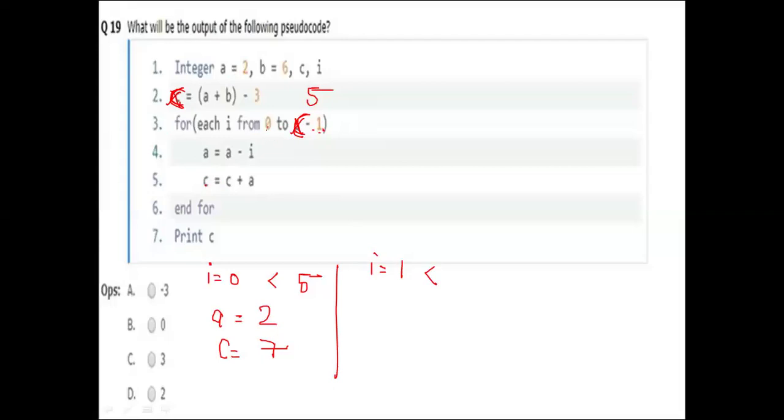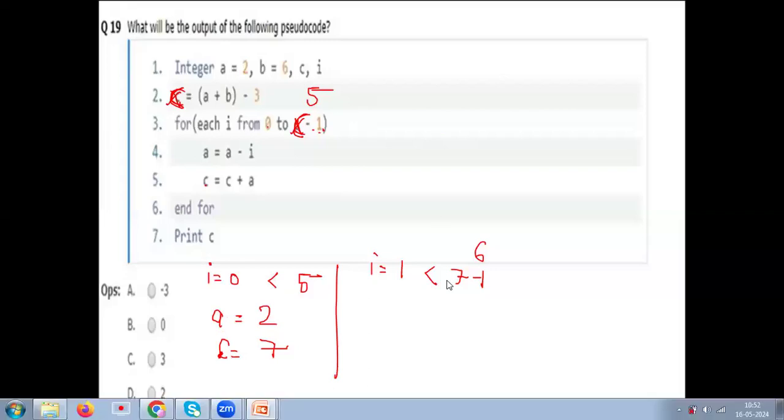Now it will reflect here as I will be 1, but the condition will be 7 minus 1, so we have to run 1 to 6. The condition keeps on changing because this C is reflecting in the loop also. So do take care of what I'm saying. I'll show you a question where it will give you trouble.